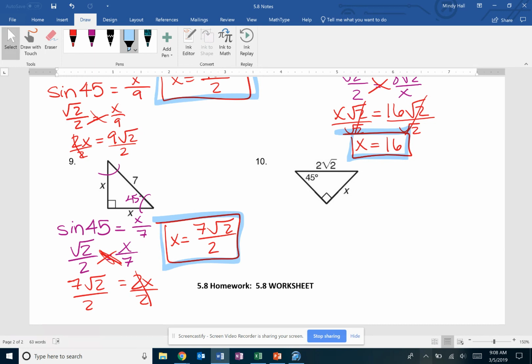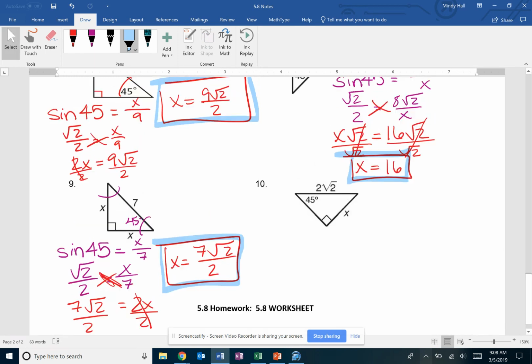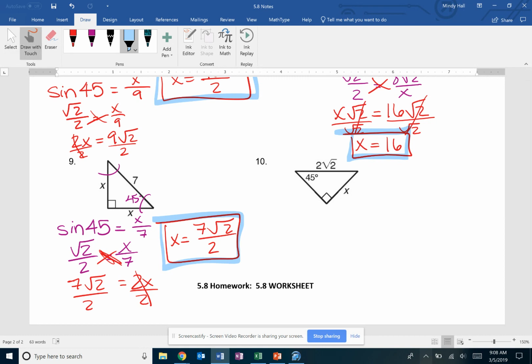Okay. And then last but not least, we have another beautiful 45 degree angle. So we know this is a 45, 45, 90. So then sine of 45 equals opposite over hypotenuse. So then sine of 45 is square root 2 over 2. So when we cross multiply, you have 2 times the square root of 2 times the square root of 2.